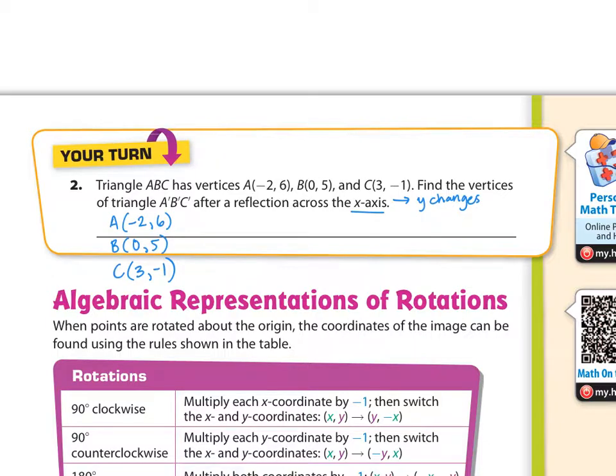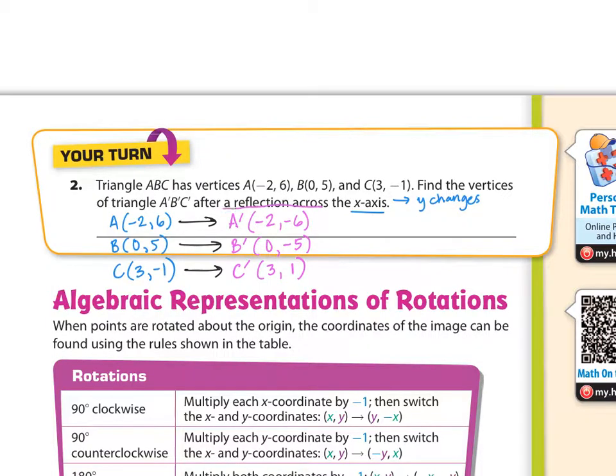Then I want to figure out if I just change the y, I get A prime is negative 2 comma negative 6, right? I just changed the y. B prime, again, change the y. 0 comma negative 5. C prime, change the y. 3 comma positive 1.